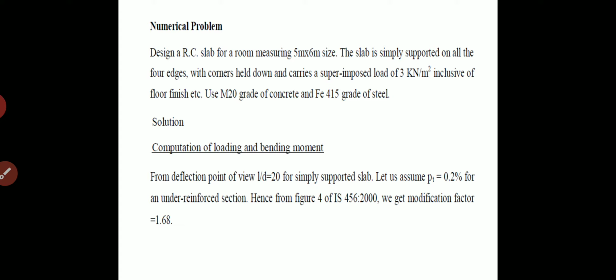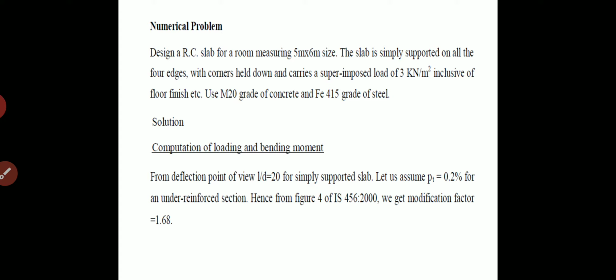Now solution: computation of loading and bending moment. From deflection point of view, L upon D equal to 20 for simply supported. These are the three L upon D ratio for different beams.